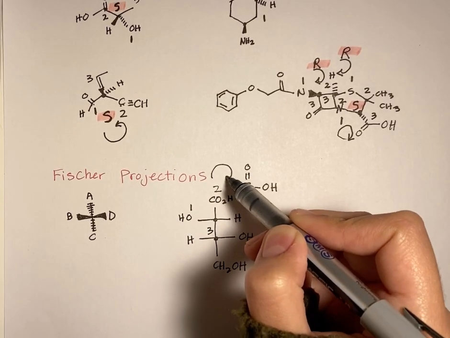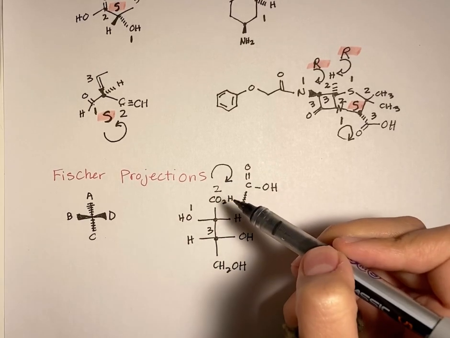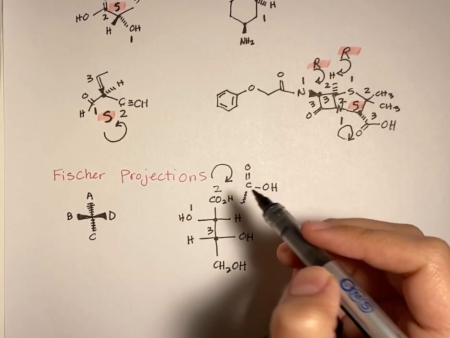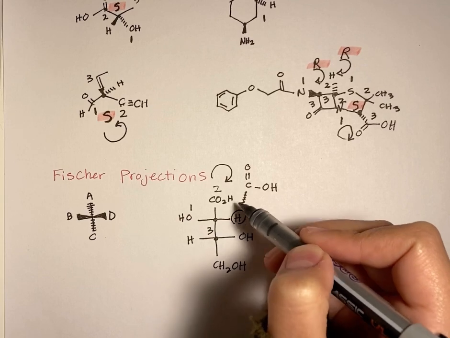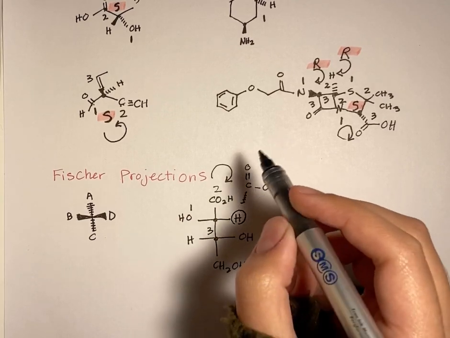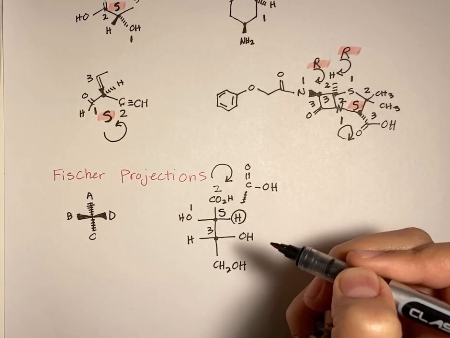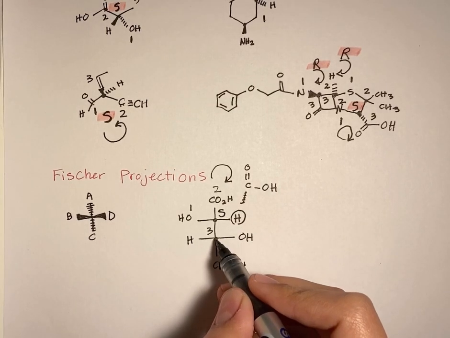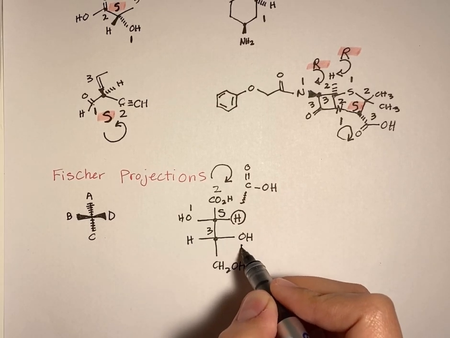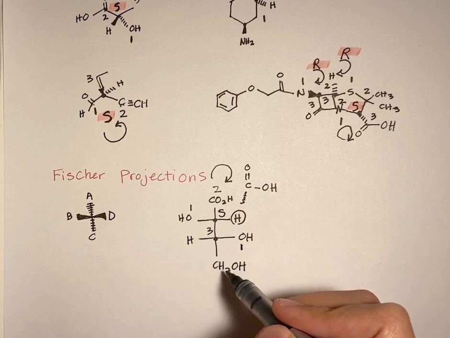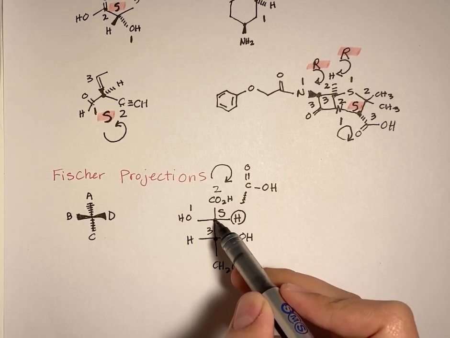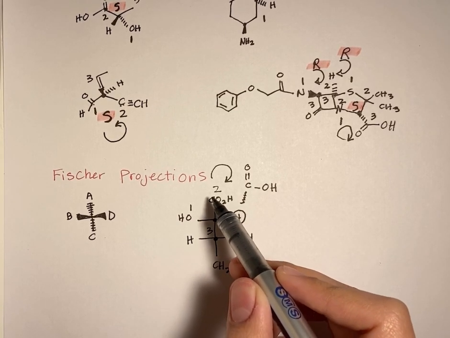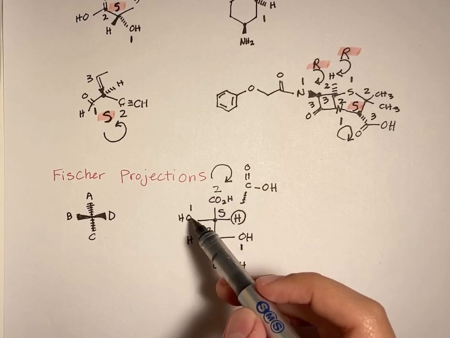So we have it looking like this, and it's clockwise, so it should be R, but notice how H is coming out of the page, so we have to reverse it, therefore it's S. Then the one on the bottom, we have OH here, first priority. Comparing these two here, you have carbon attached to OH, carbon attached to carbon, and attached to OH.